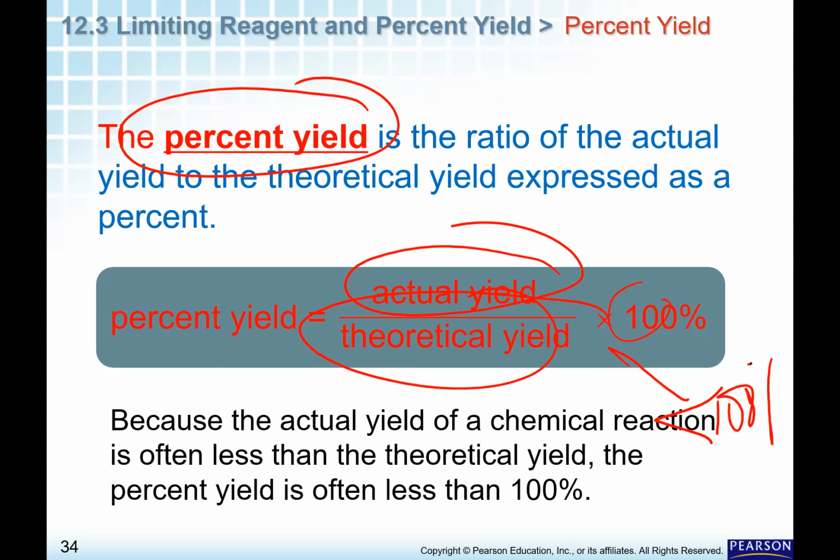First of all, the actual is always less than the theoretical. But sometimes only one of them is provided, so you won't be able to compare, and you have to decide what you have in the question. Is it the theoretical or the actual? So using the maximum number of grams or the maximum amount means that this is the theoretical.